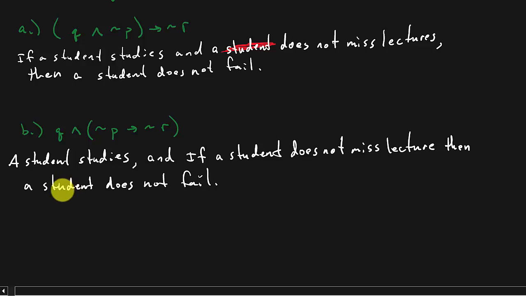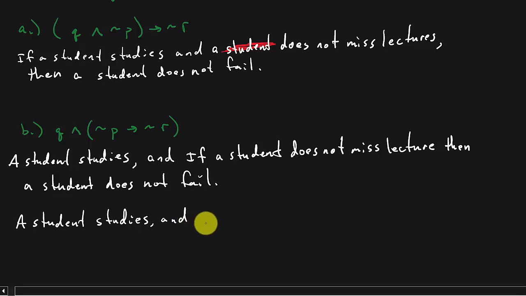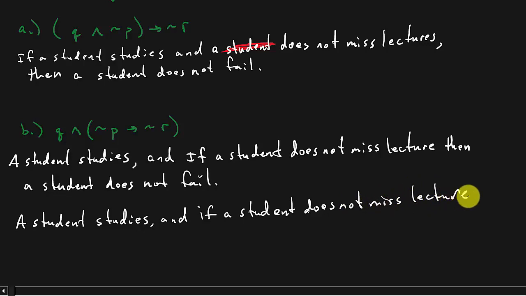So here, how could we write this? We could write: a student studies, comma, and if a student does not miss the lecture, then the student does not fail.